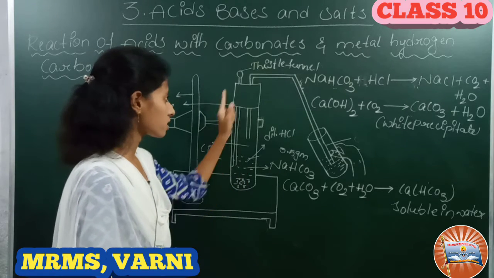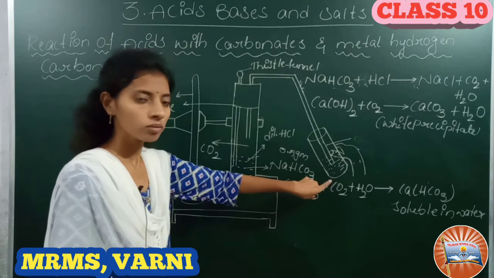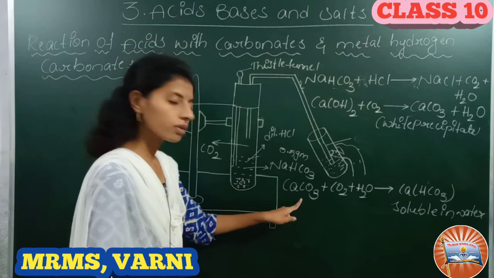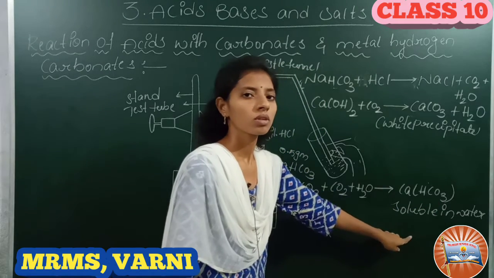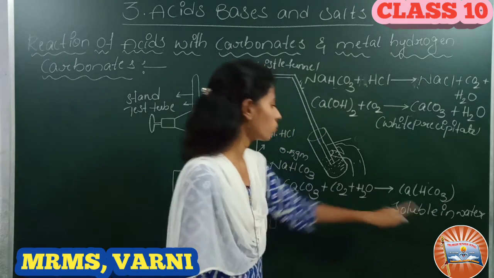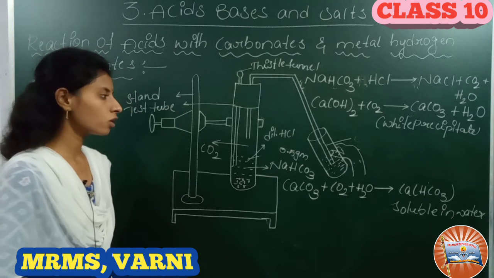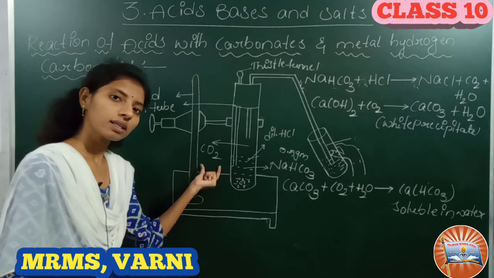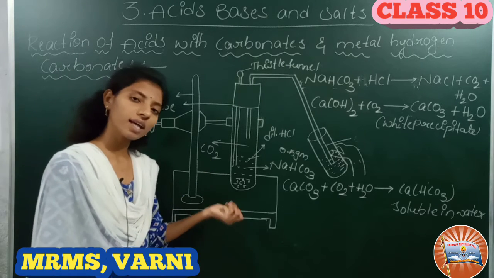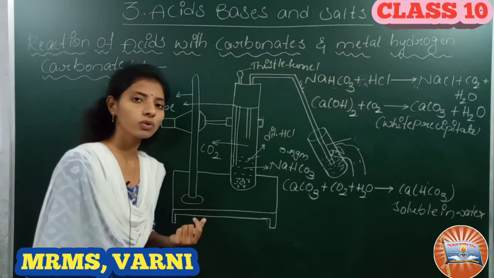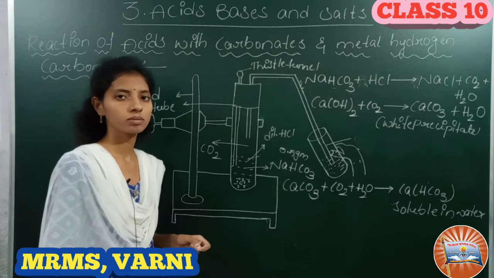When we are passing the excess of carbon dioxide through the delivery tube into the lime water solution, the precipitate will be dissolved, right? We will get a compound like this, right? This is soluble in water, okay. So we can say that here the metal carbonate and metal hydrogen carbonate, when they are reacted with acid, they will form salt, carbon dioxide and water, right?